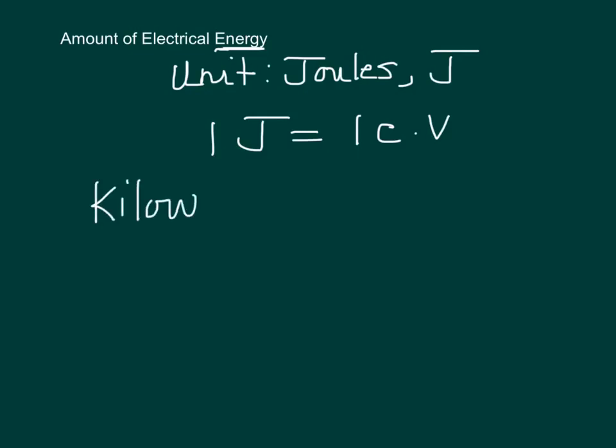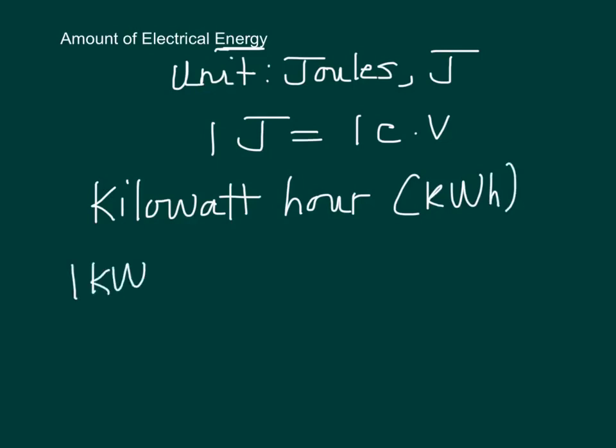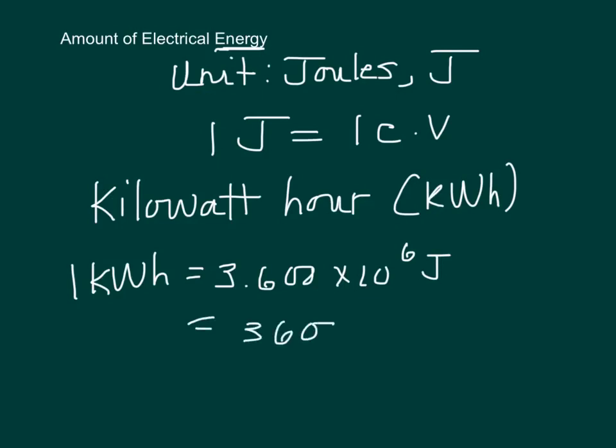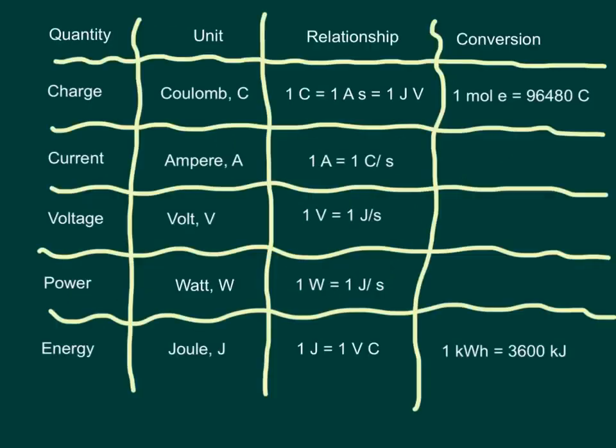It's not a different thing, it's just a different unit of energy. And 1 kilowatt hour is the same as 3.6 times 10 to the 6 joules, or 3,600 kilojoules. You do not have to memorize this.